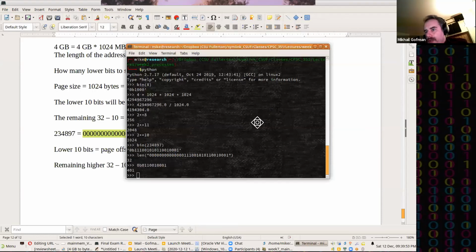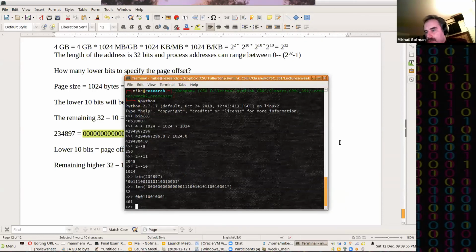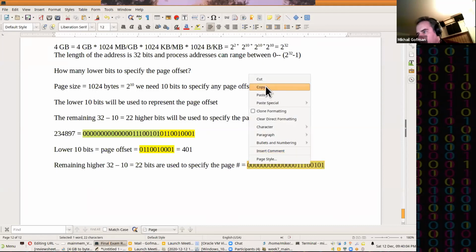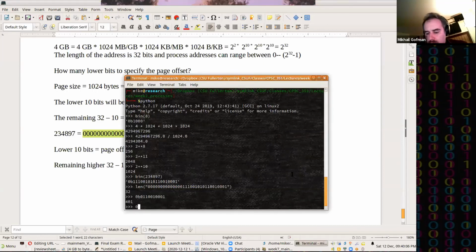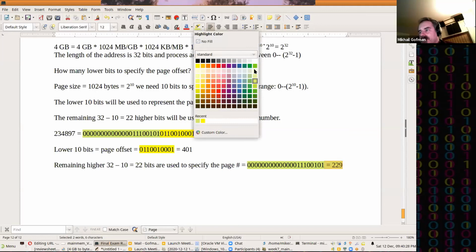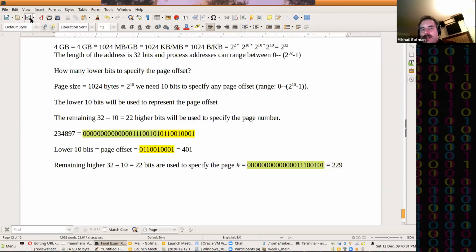So we have an offset of 401, and we have a page number of 229. So basically, we're going to access page number 229, and within that page, we will access an offset of 401. Okay, that's basically the idea.